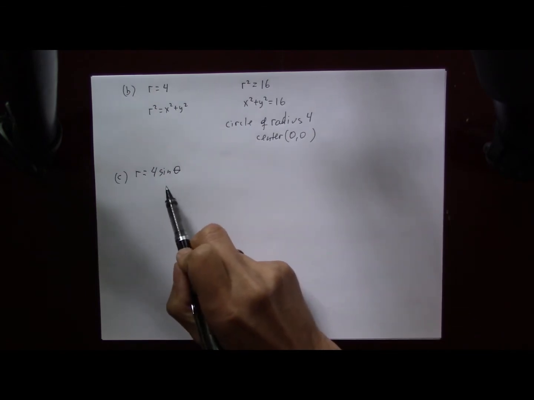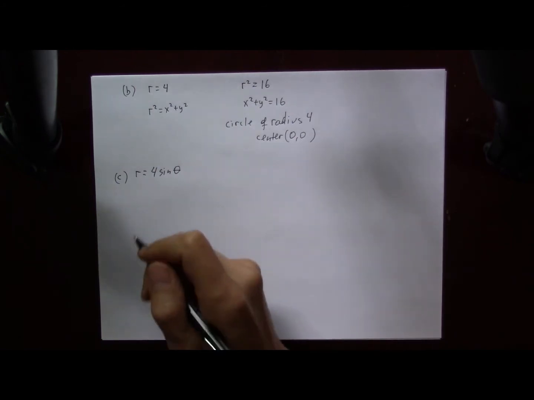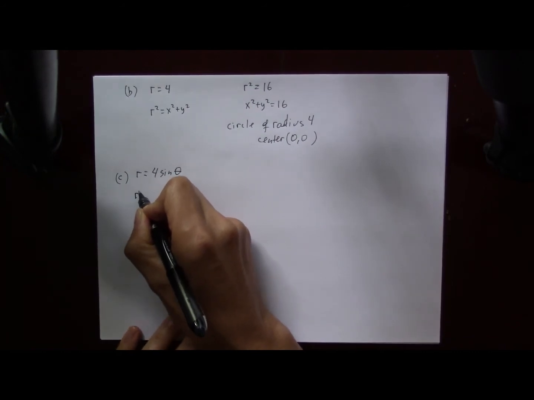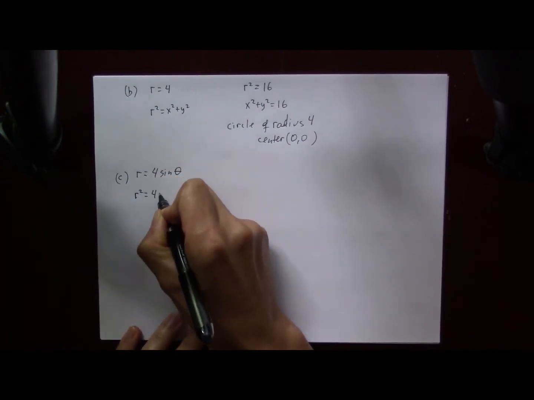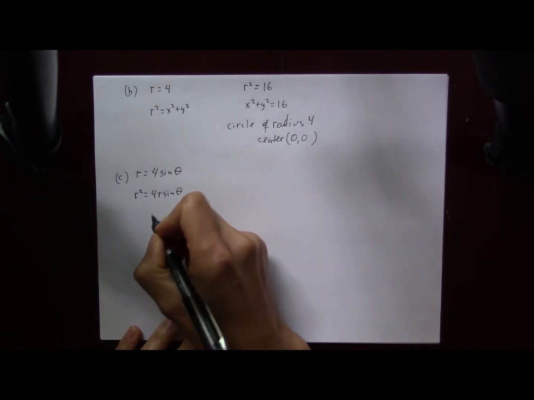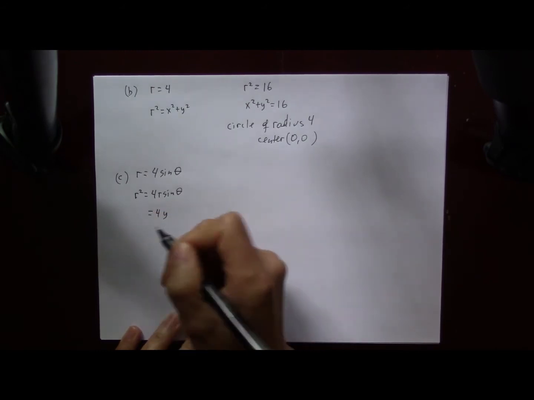We already have sine theta, so we wish to have r sine theta, so multiply both sides by r. On the left side we're going to get r squared, and on the right side 4r sine theta. r sine theta is y. r squared is x squared plus y squared.